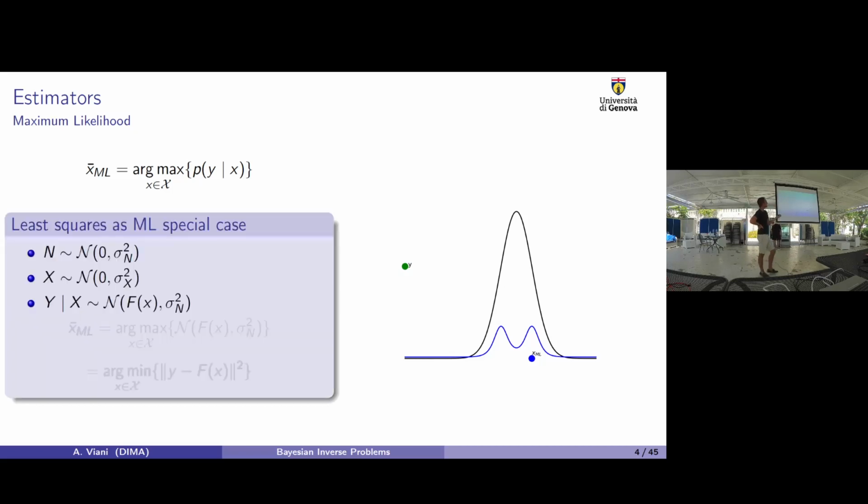In the case of a Gaussian noise, and I remind you that we are considering additive noise. So here it is a Gaussian additive noise.